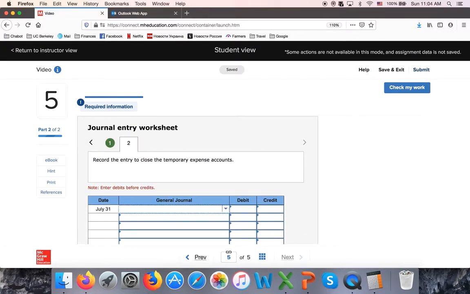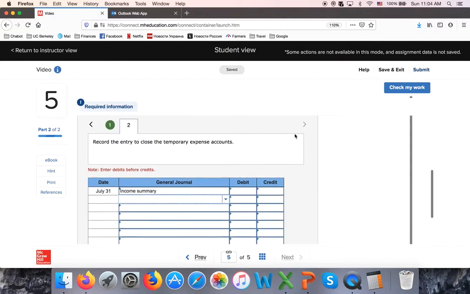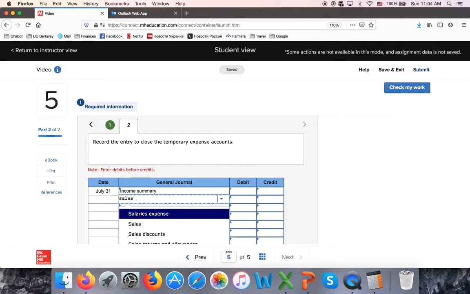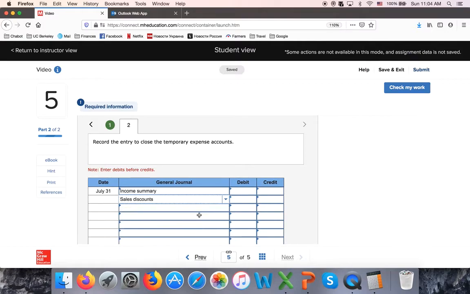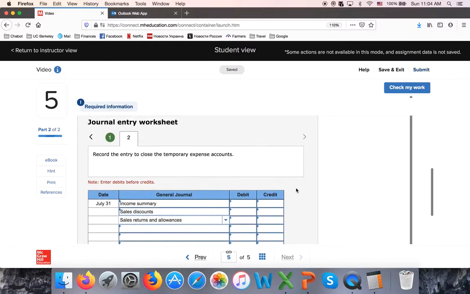So I'm going to debit income summary, but I leave it alone. I don't know the amount until I add them all up. And guys, let me see. Do I have sales discounts? Yes, I do. Do I have sales returns? Yes, I do. So I'm going to list sales discount. The order is unimportant. Discounts, sales returns, and allowances. Let me do the amounts right away.